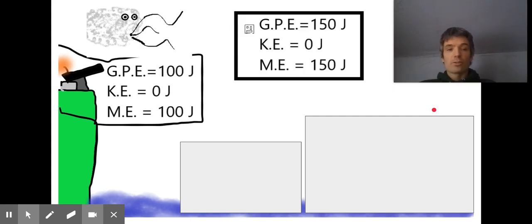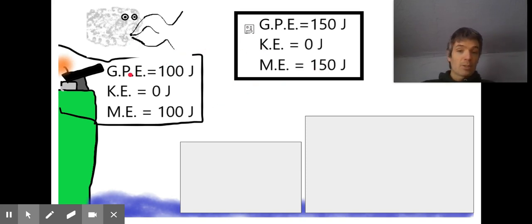Now, as he gets launched from the cannon, he's going to gain mechanical energy. Instantaneously, when the boom goes off, he's going to gain some mechanical energy. Therefore, the total amount of mechanical energy will increase. So up here, he's going to have more mechanical energy than he started with.